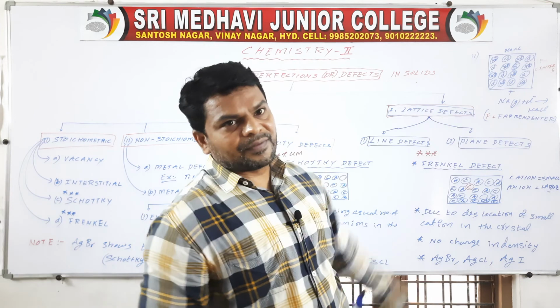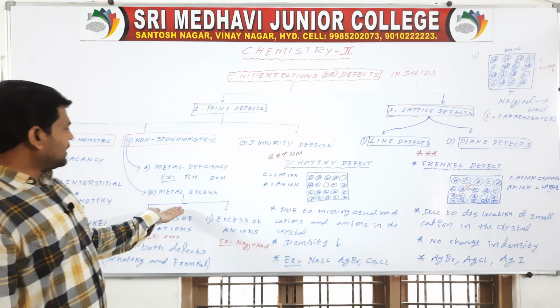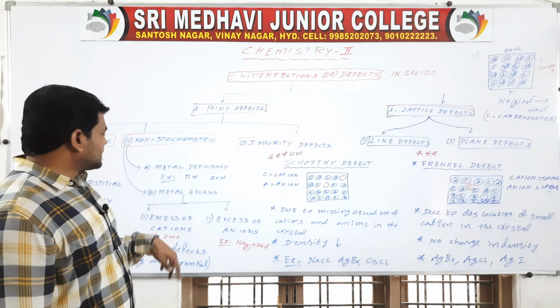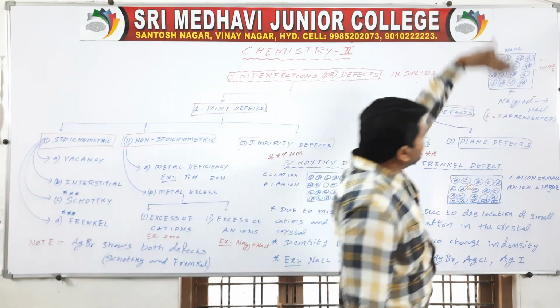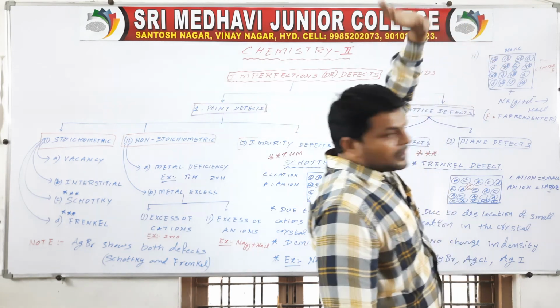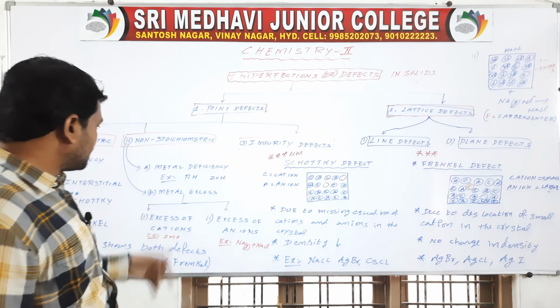This is metal excess defects, excess of cations and excess of anions. Due to the presence of excess cations this defect is formed. That is one more type.